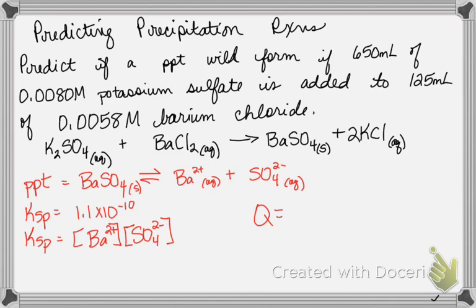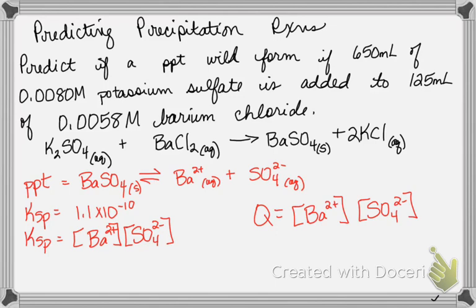Do you remember we've done Q before? Q is a reaction quotient. We used it in equilibrium to tell which direction the reaction was proceeding to achieve equilibrium, okay? Q is calculated exactly like the equilibrium constant. It's the concentration of the barium times the concentration of the sulfate in this example.